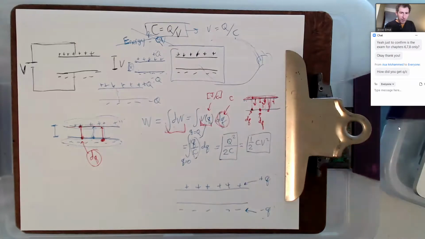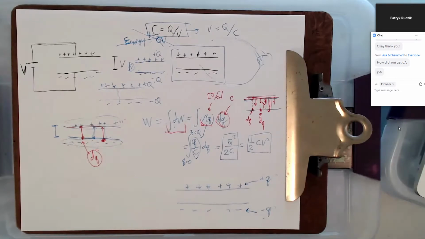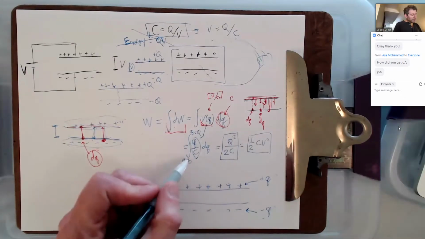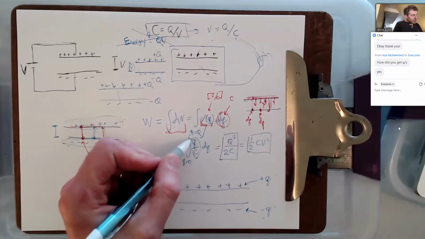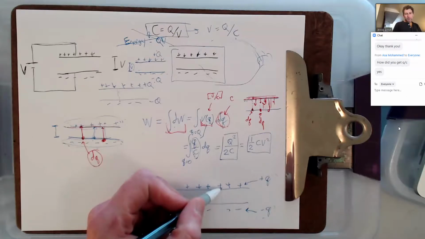Sorry, go ahead. So, when we evaluate the integral, it says small q equals large Q on the top of it? Yeah, you're integrating from... the little q represents how much charge you've moved so far.